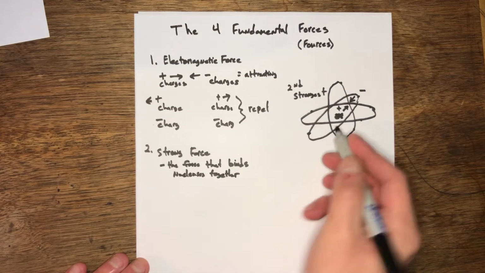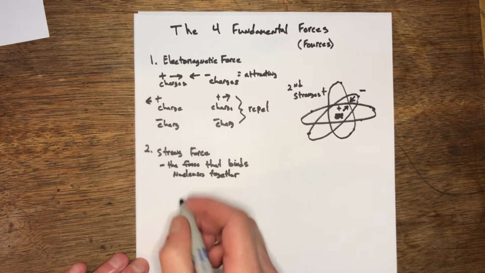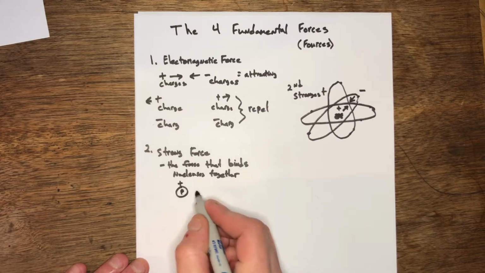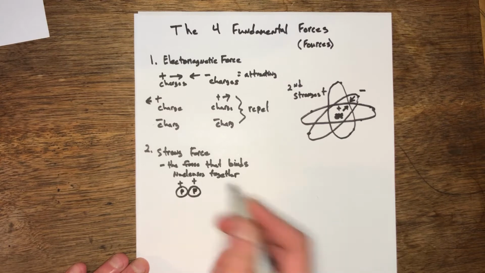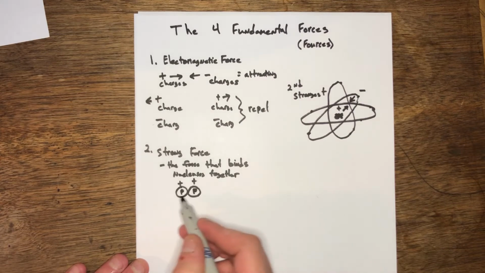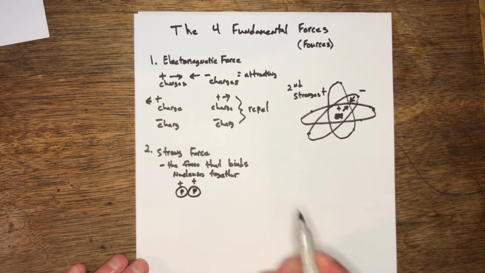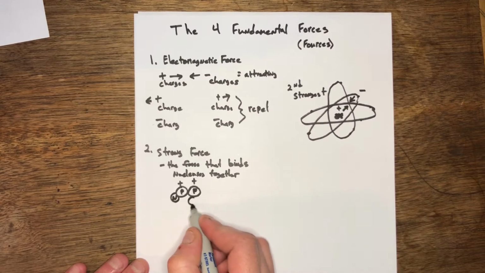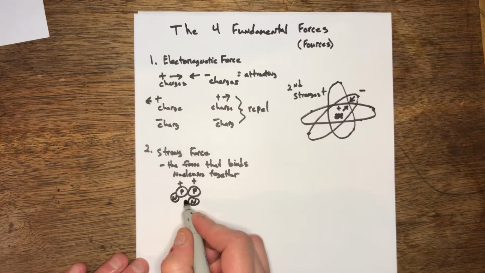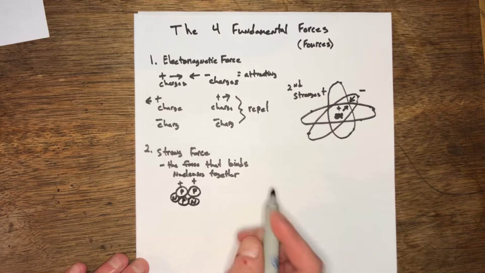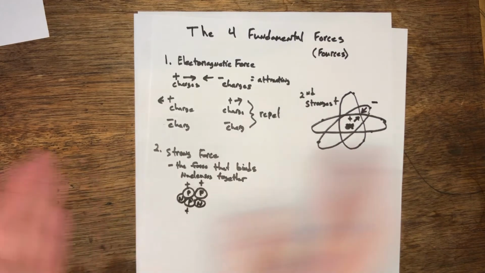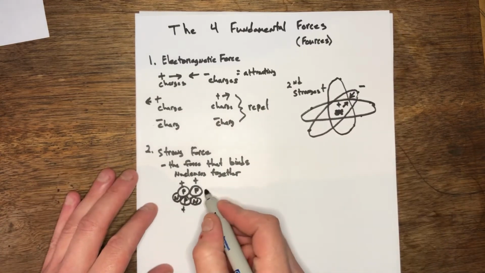In the nucleus of an atom, if we were to zoom in, we've got a proton here, which is positively charged, but in a nucleus, it's going to be very close to another proton. Of course, we also have neutrons, which lack a charge, zero charge. But think about it: how do we have a nucleus with these positive charges, and they don't break apart and repel each other?